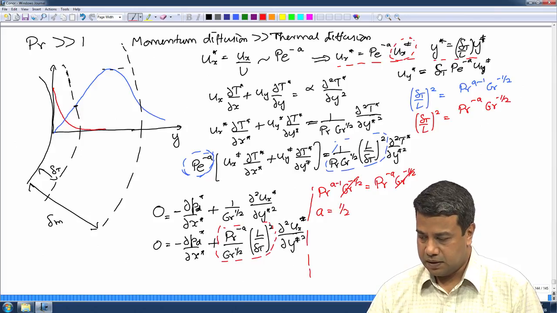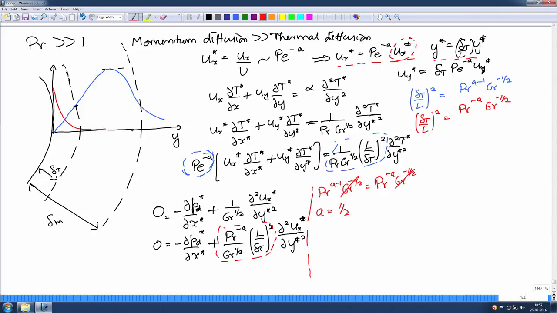With that, the boundary layer thickness squared is equal to Pr^(-A), Prandtl number to the power minus half, Grashof number to the power minus half. Which means that delta T by L is equal to Prandtl to the power minus 1/4, Grashof to the power minus 1/4. So, that is the boundary layer thickness.